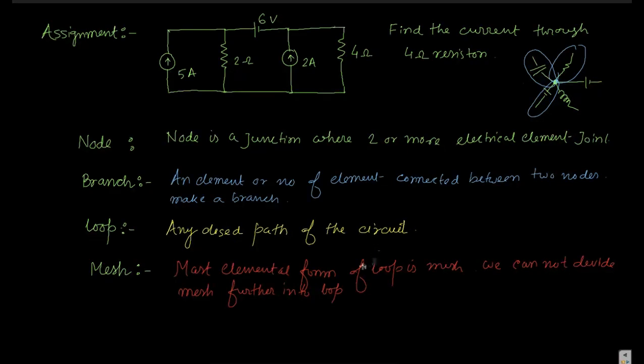So the main thing is all meshes are loops, but all loops are not meshes. So this is a loop, but this is not a mesh, because here three meshes are present, but this is a mesh as well as a loop also.